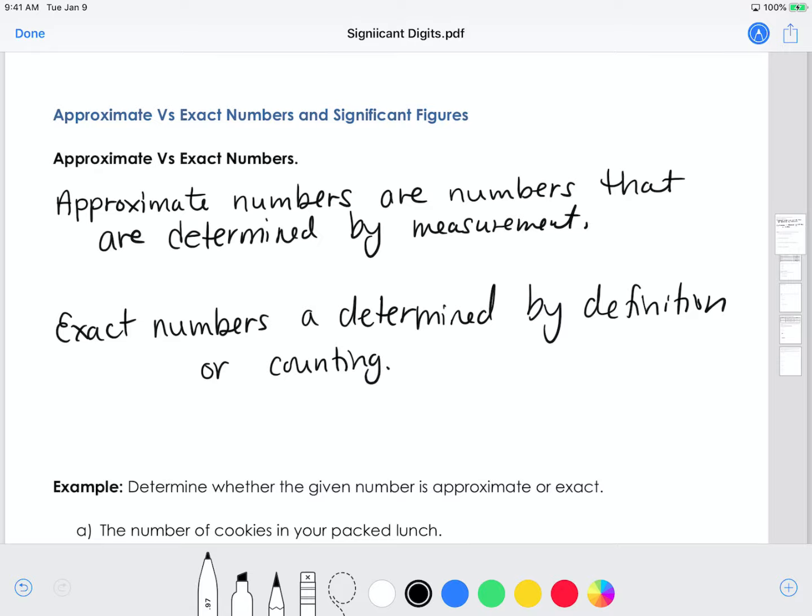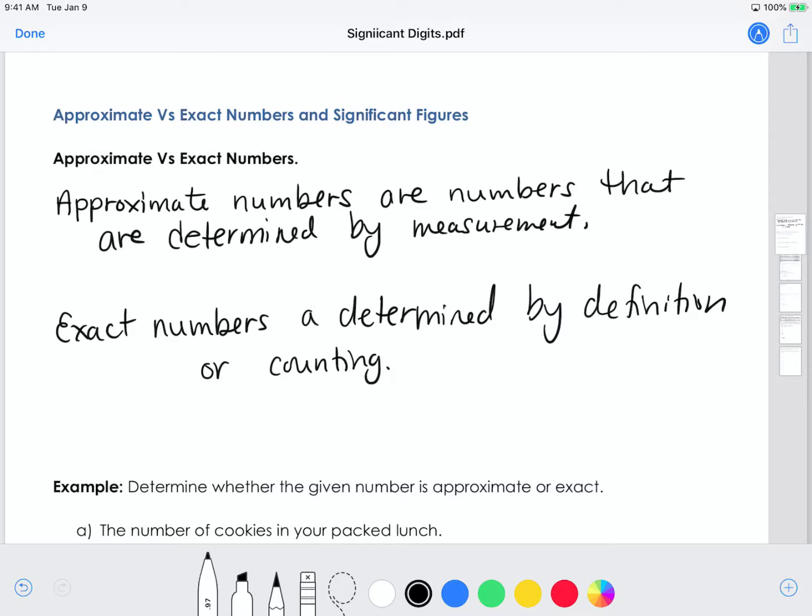So, for example, if I wanted to measure the length of my math textbook, when I measure something, that would be considered an approximate number, because if I measure it and I get that it is 11.3 inches in length, and then another person measures it, they might get 11.5 inches in length.